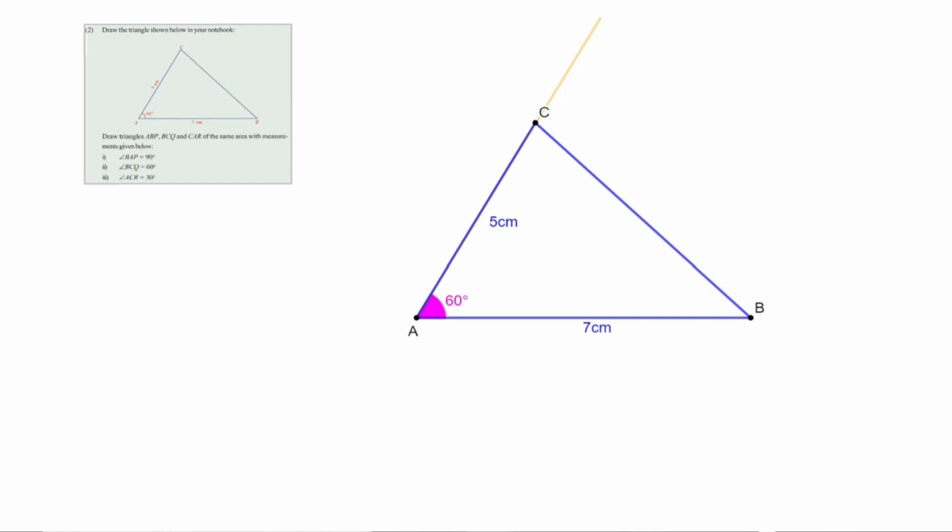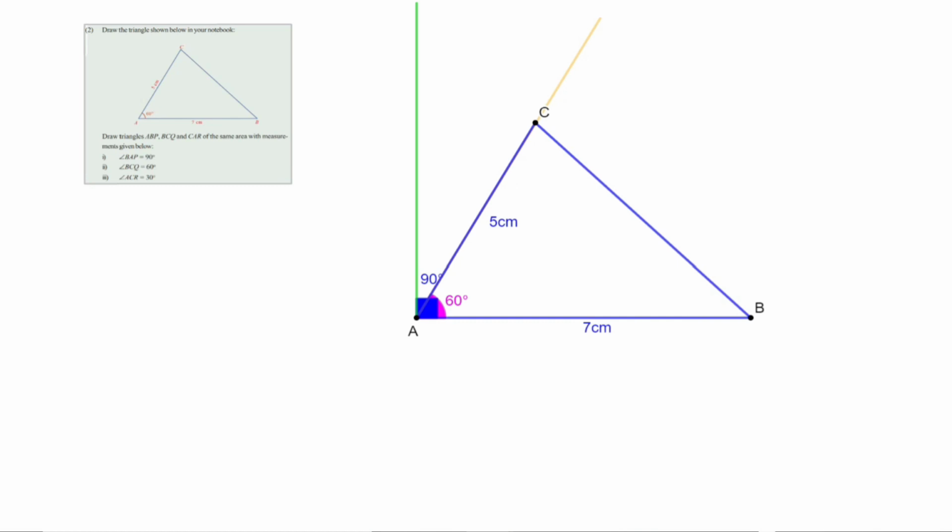Now we have to make triangle ABP in which angle BAP equal to 90 degrees and its area should be equal to the area of this triangle ABC. So first of all, let us make angle BAP. So at A, let us take 90 degrees and draw a line. Now we need a triangle ABP whose area is equal to the area of triangle ABC.